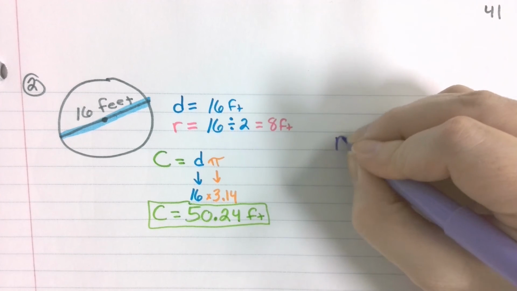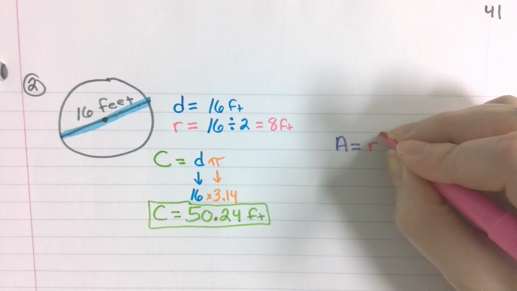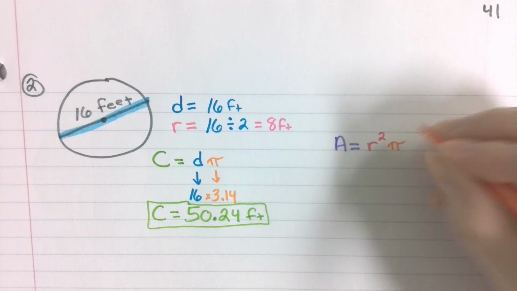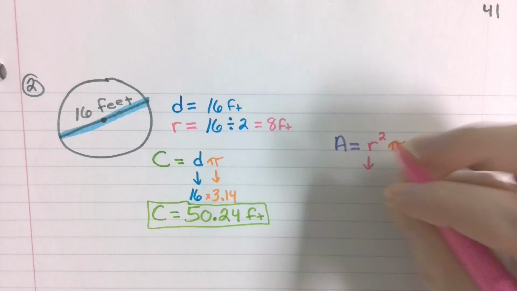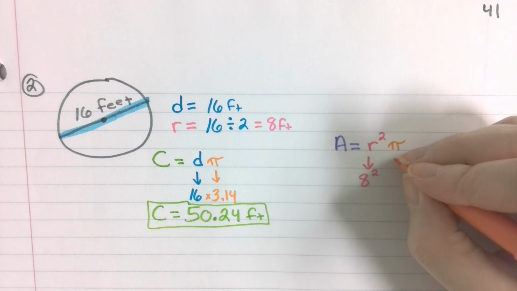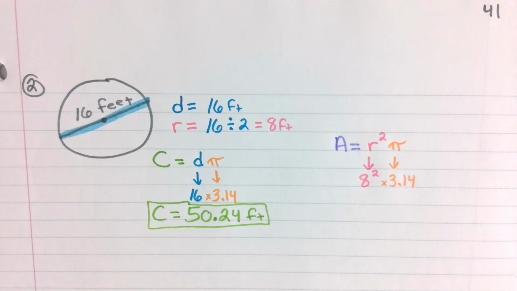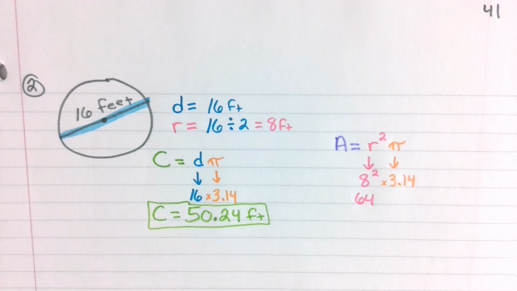Okay, now we're going to do the same thing for area. Our area formula: area is equal to radius squared times pi. So instead of r, we're going to put 8, so we're going to do 8 squared, and instead of pi, we're going to put 3.14. 8 squared comes out to 64, right? 8 times 8 is 64.